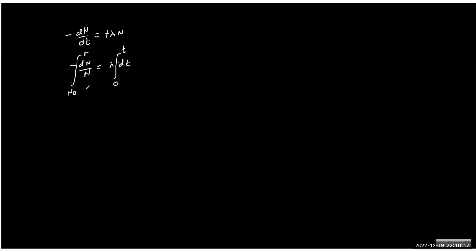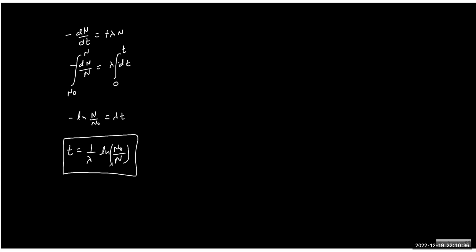So you get the answer as minus ln n by n naught is lambda t. So t becomes the inverse of lambda into ln n naught by n. So given the present live and the initial live nuclei, you can easily find the time spent in the due process.